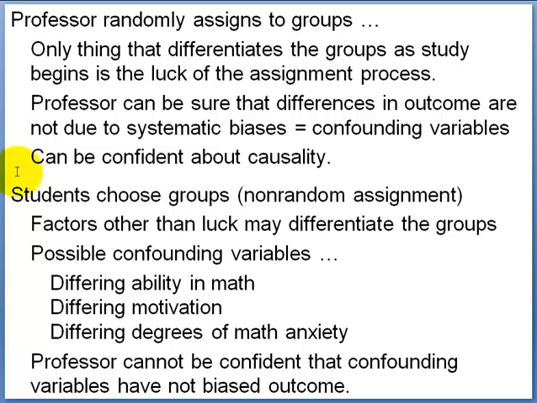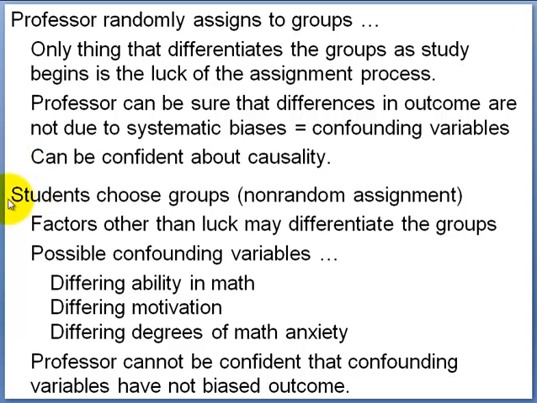So if the professor sees the students in the computer module doing better than those with the TA, the professor can confidently conclude that that difference is due to the superiority of the computerized module in comparison to the TA.